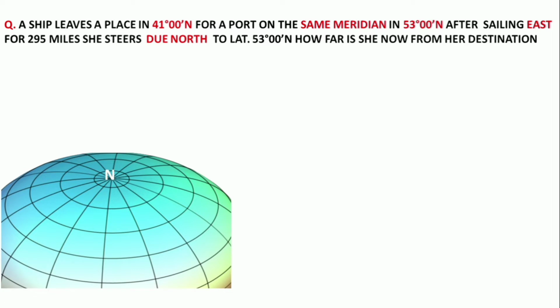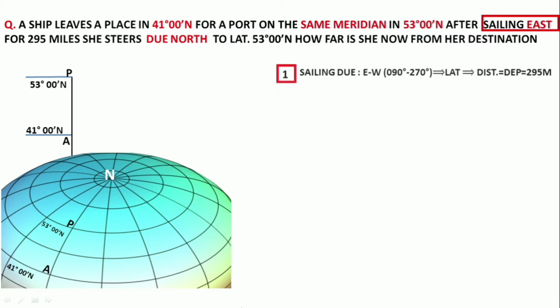It says the ship leaves a place for a port on the same longitude but different latitude. Then she sails east. Sailing east, as we just said, is your departure.